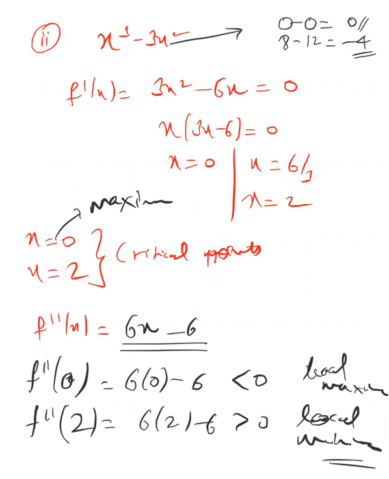Okay. This is the point of local minima. The point of local maxima. Getting it or not? If you're getting it solved, raise your hand after solving. I solved it, just note it down.